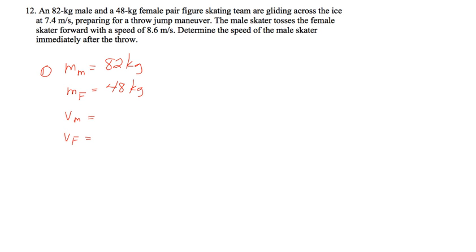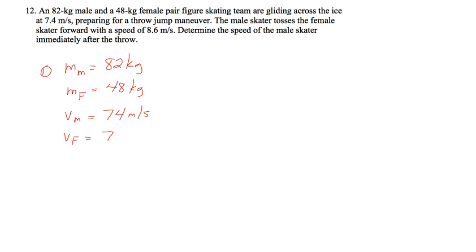Again, it's almost like an inelastic collision in reverse, because in an inelastic collision, after the collision, they have a common velocity. In this problem, before the collision, they have a common velocity. So both of them are moving at 7.4 meters per second.